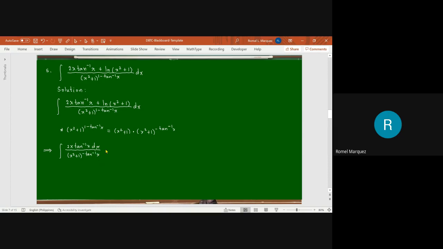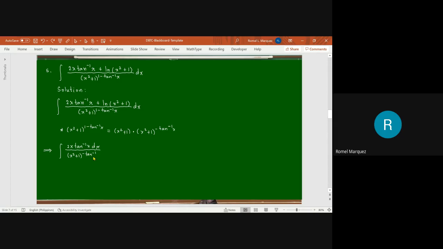Oh, then next, what is the second? I think I missed the other one. There should still be a 1 first, because I need one of them to be split. It should still have a 1, no? So the whole thing times what? X squared plus 1 raised to negative tangent.